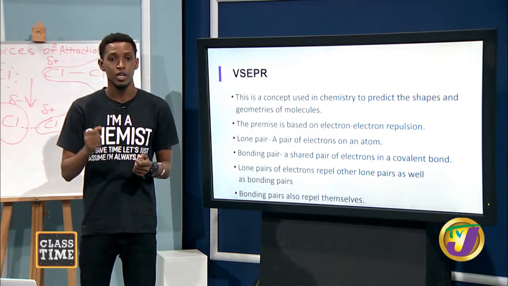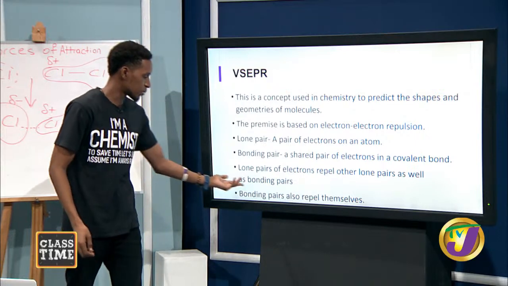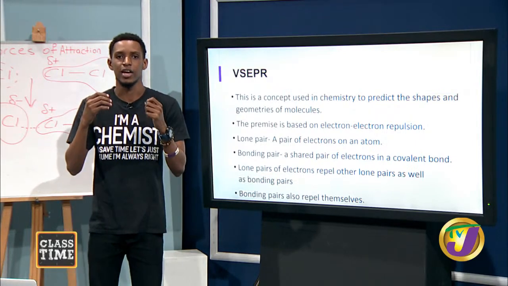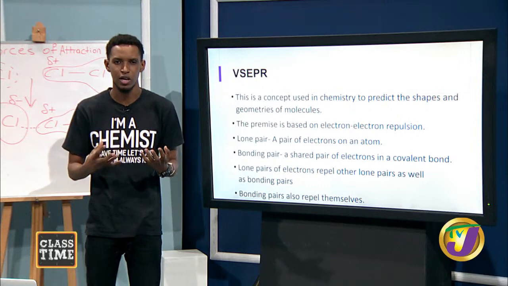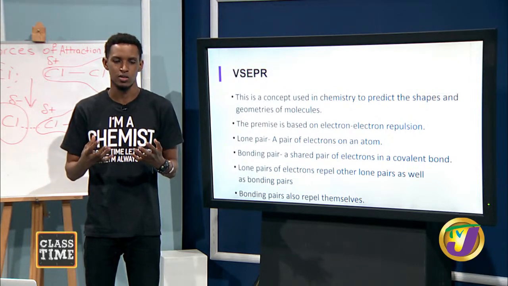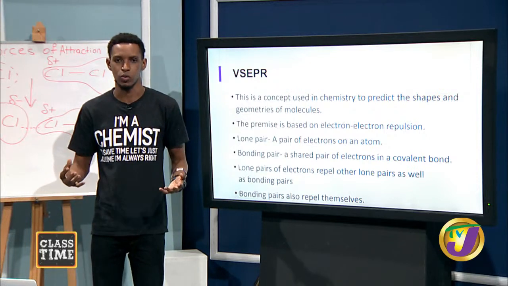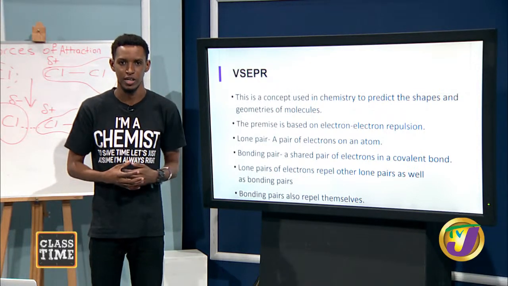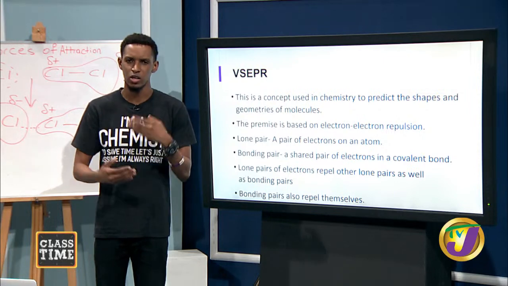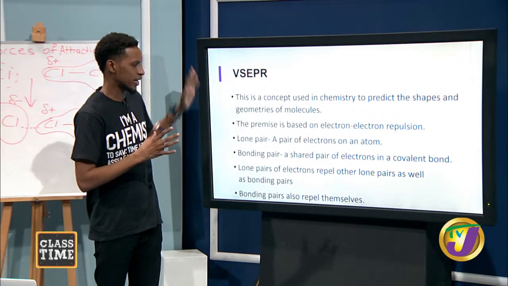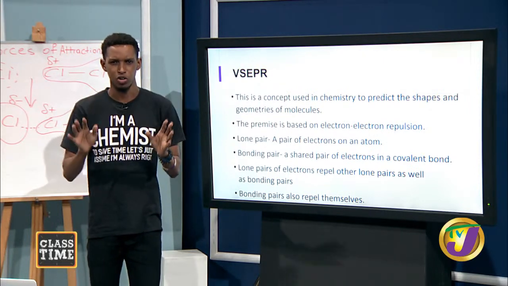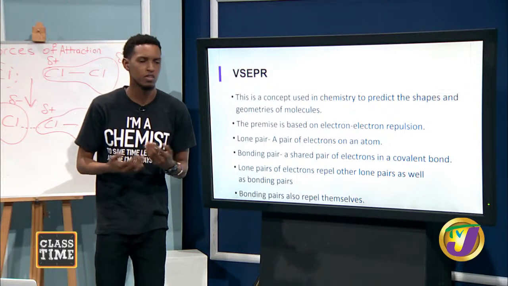And if a lone pair was next to a bonding pair, it would repel that as well because the bonding pair contains electrons, right? And bonding pairs repel other bonding pairs. I'll use some examples. Now everything might seem a bit blurry, but I'll break it down for you guys.